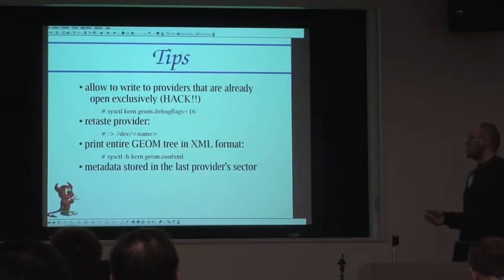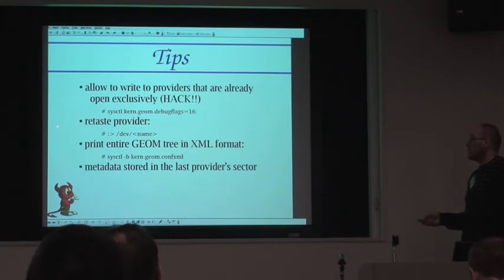Okay, I will give you some tips. For example, as I said, GEOM doesn't allow you to open a disk which already has file systems mounted on it, but you can work around it using this small hack. Just set the flags to 16 and you are able to open it, but be careful with it.